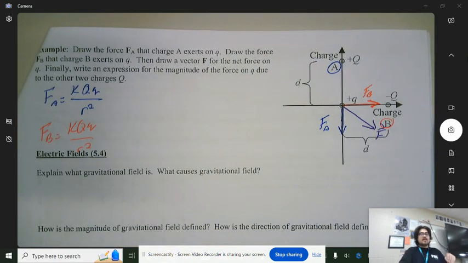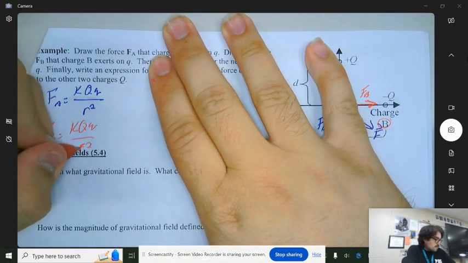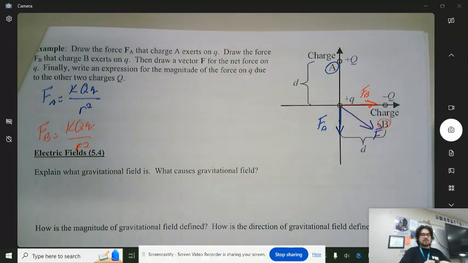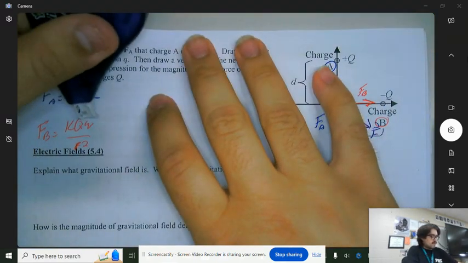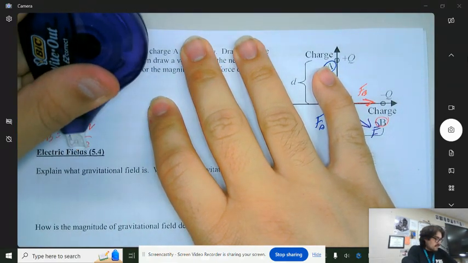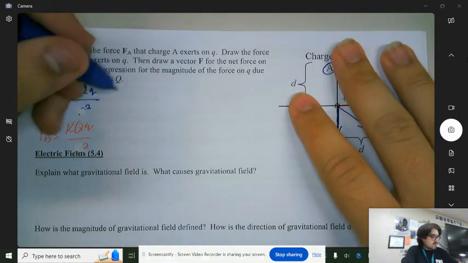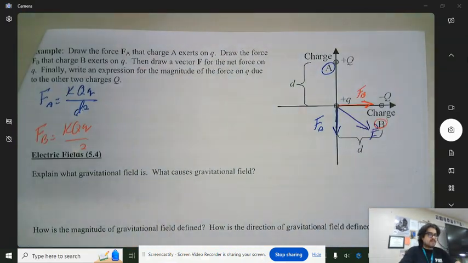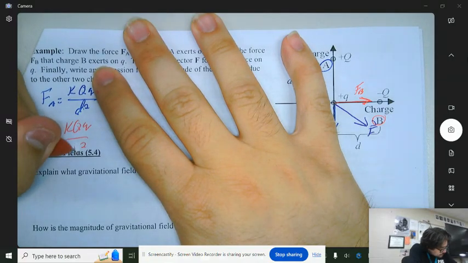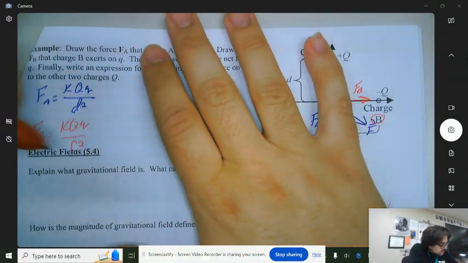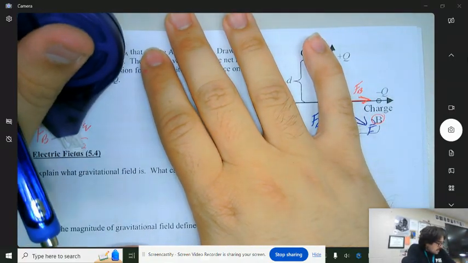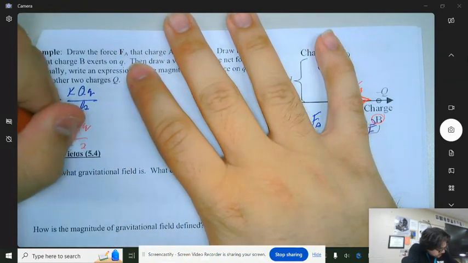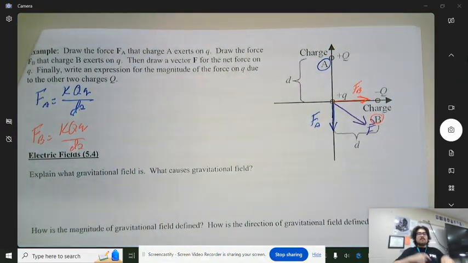Now here's the difference: the forces are the same in magnitude, but opposite in direction. And I guess I should be more specific and label it D instead of R, but as long as you get the point that D is representing R here, it's not that big of a deal.